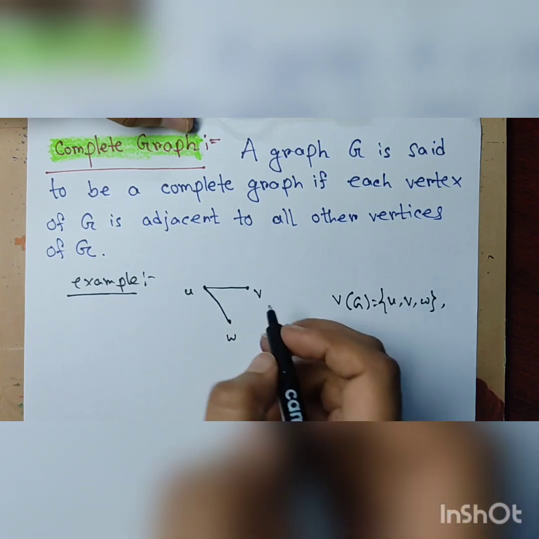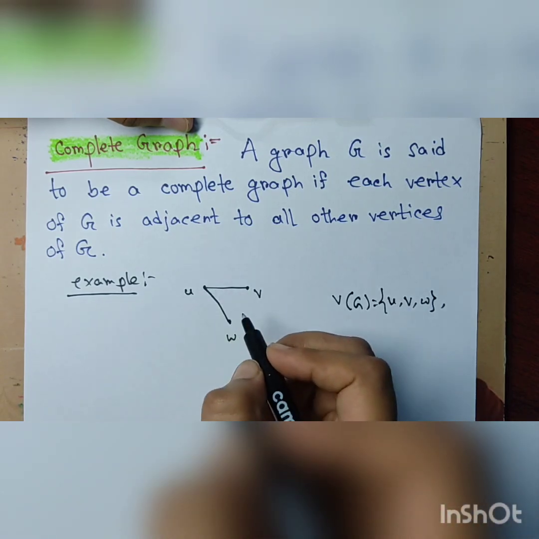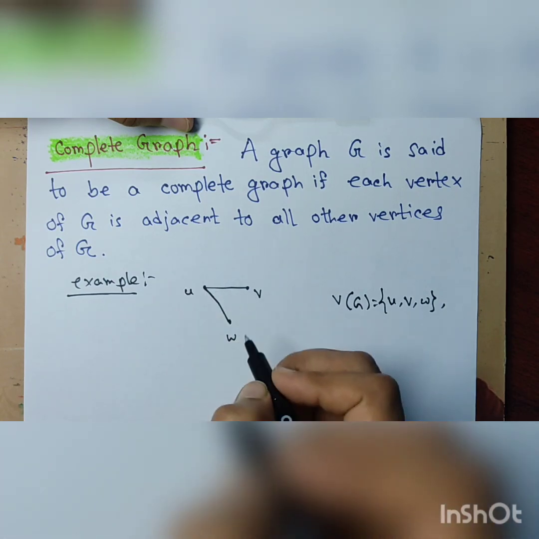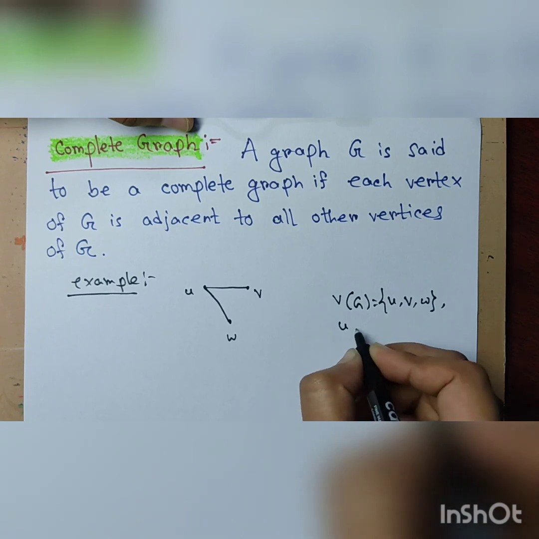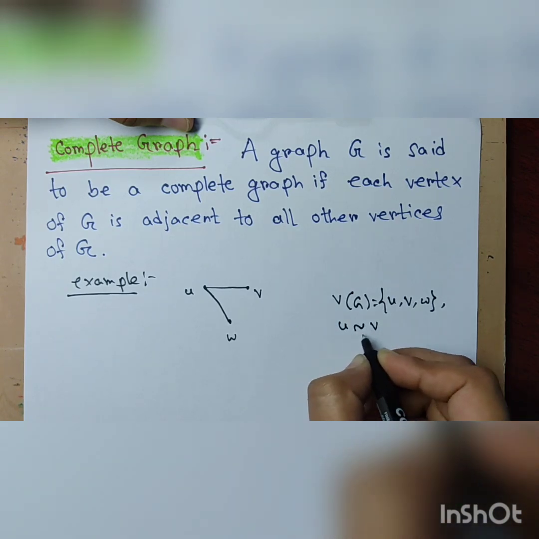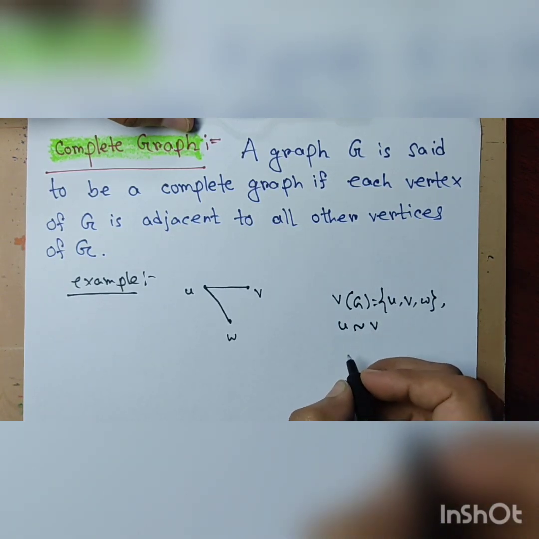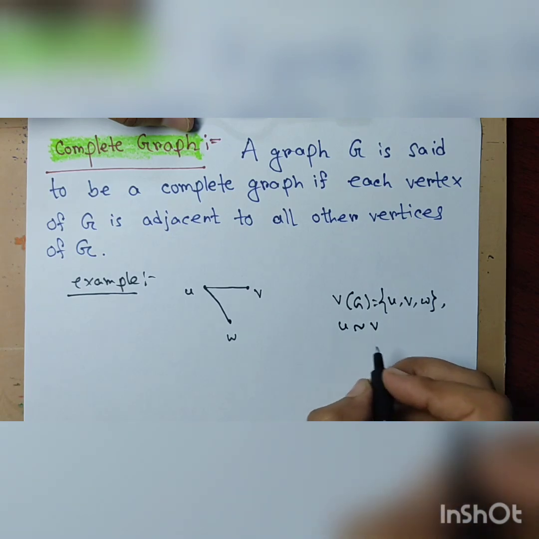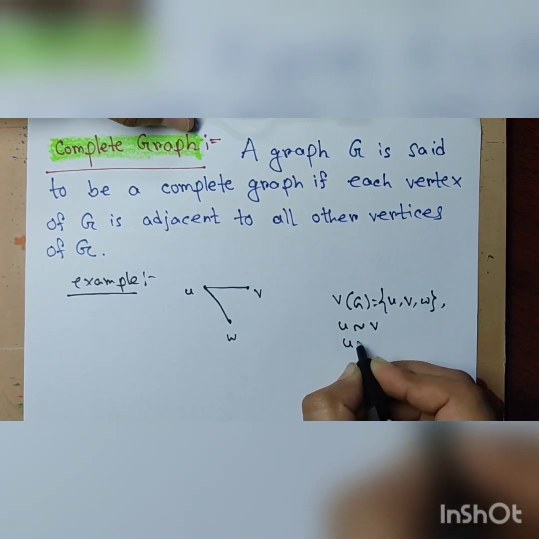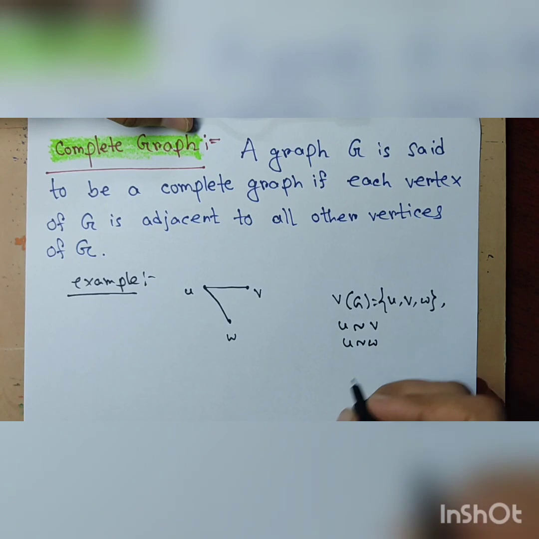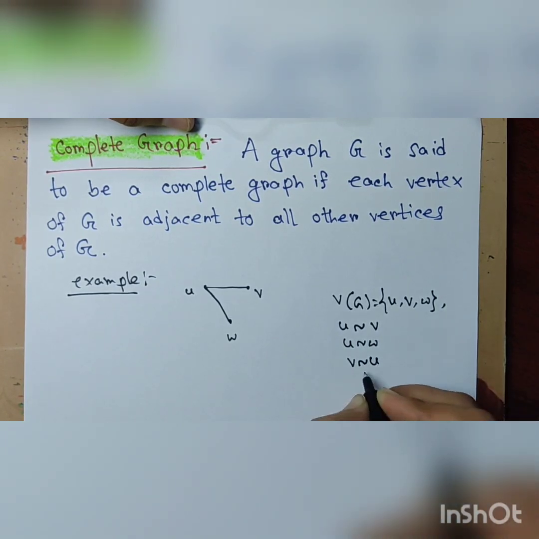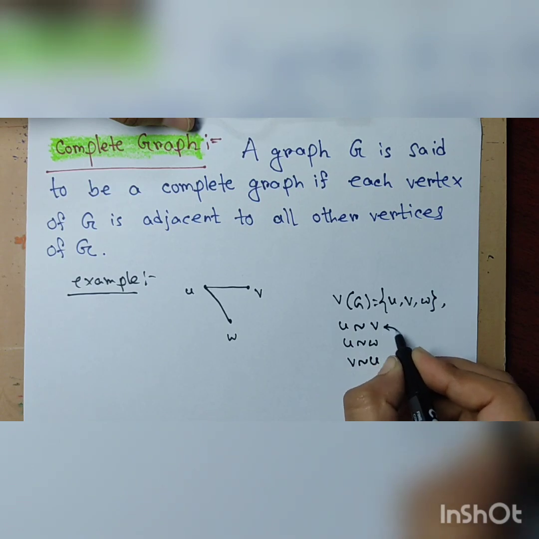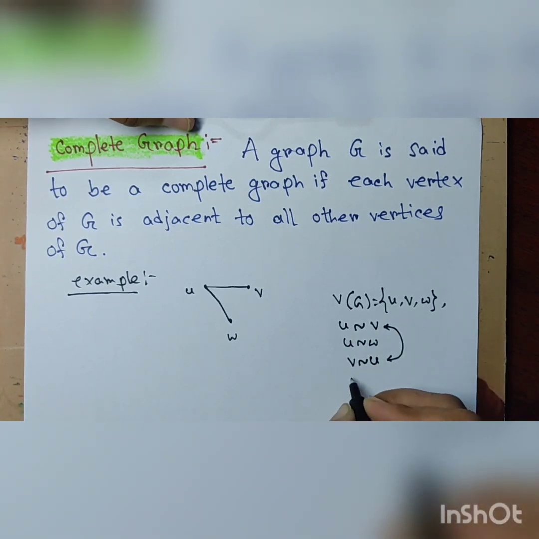Now v will also be adjacent to all other vertices, that is u and w. So if we write this down, u is adjacent to v. This is our notation for adjacency we have discussed earlier. So u is adjacent to v and u is adjacent to w, and v is adjacent to u, which is the same thing as this one, and v is adjacent to w also.